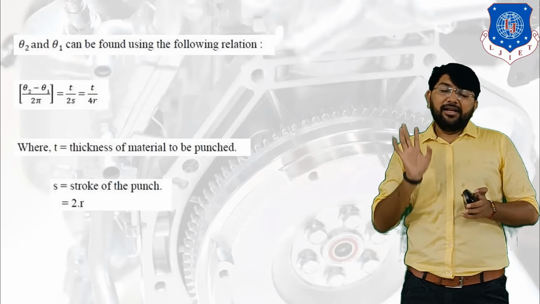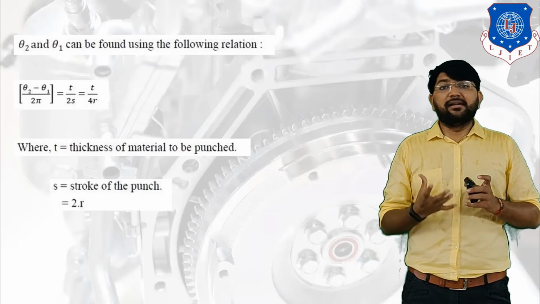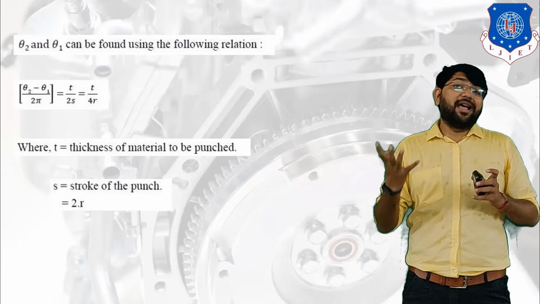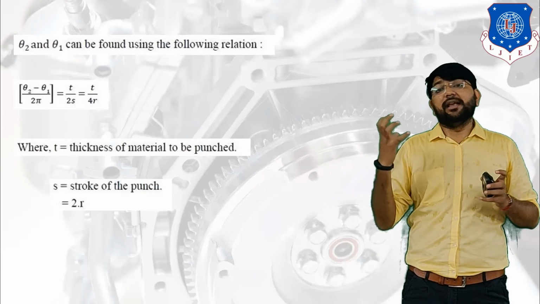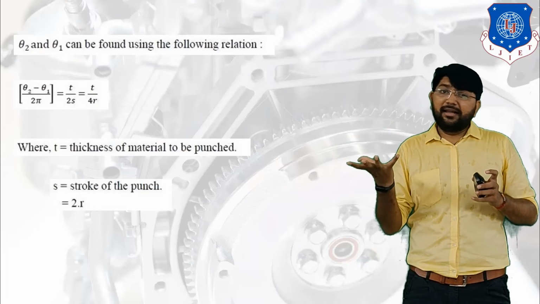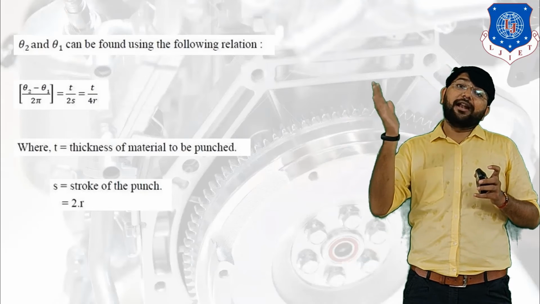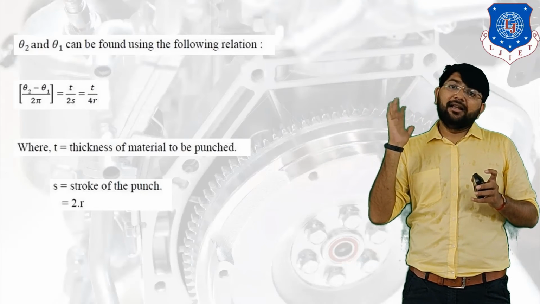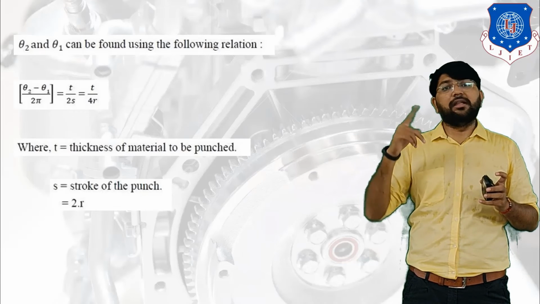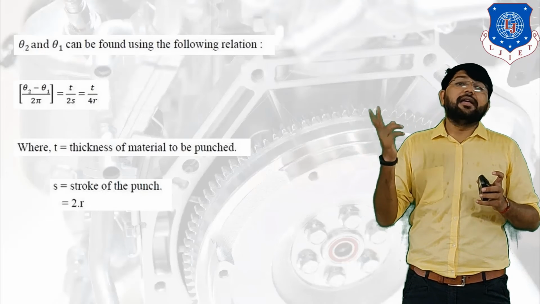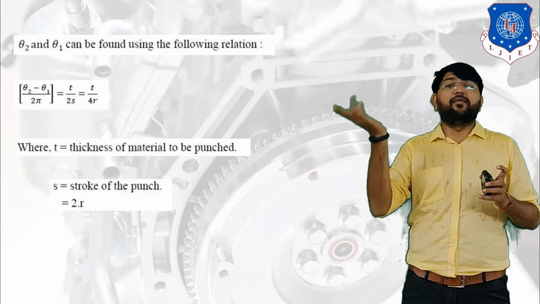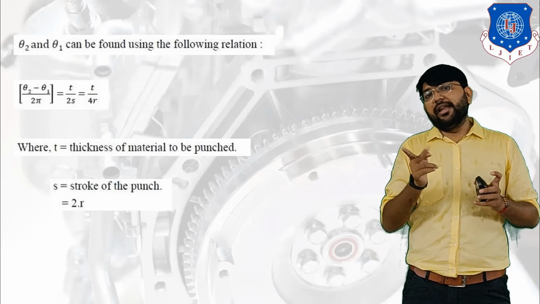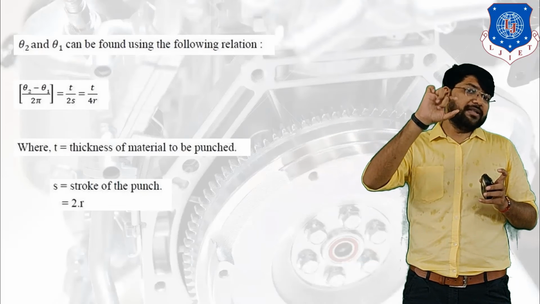In today's session we discussed how to use a flywheel in a punching press, what the application of the punching press is, and how the flywheel delivers energy in the punching press. There are two types of energy, capital E1 and capital E2. E1 indicates the energy required for one punching operation. E2 indicates the energy required for the actual punching.